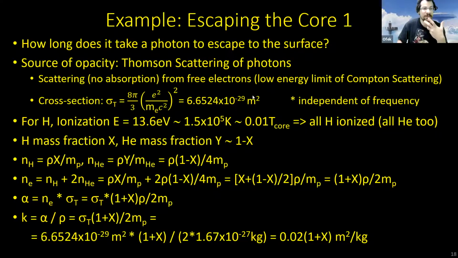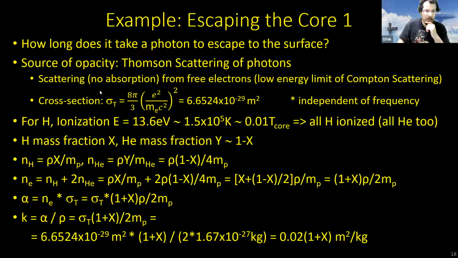This is the effective area a free electron presents to an incoming photon. It will scatter a photon if it hits this target area. And in this limit of low energy electrons, it's almost independent of the frequency. So it's a colorless feature. All photons will scatter off the same effective cross-section in this Thomson scattering limit.